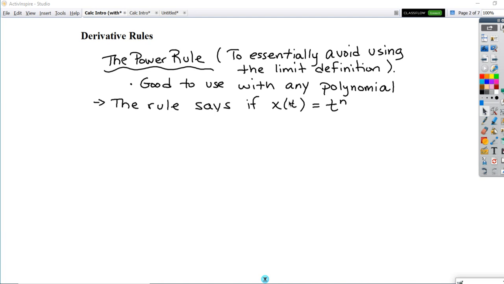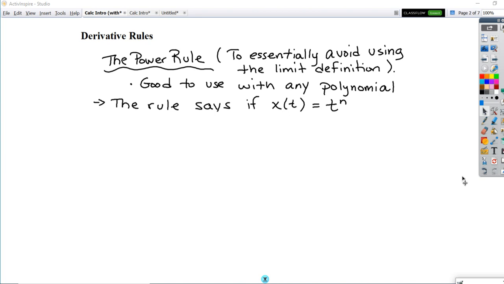But we'll come back to that. This is just like our 3t example, except forget the coefficient of 3. So if I just had x equals t, that's n equal to 1. It's also t squared, where n equals 2.